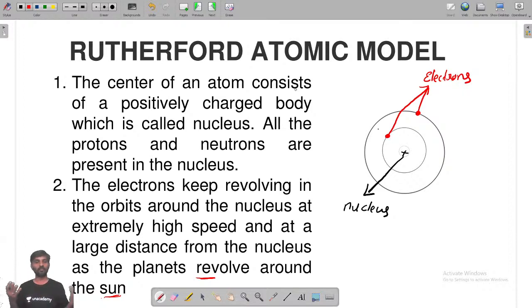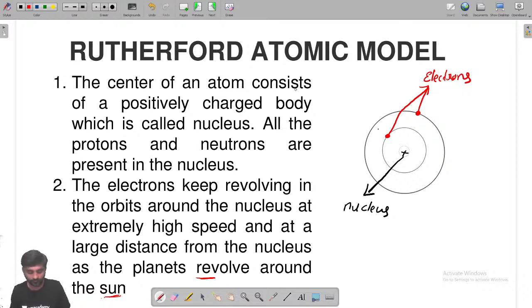As in the solar system, all our planets, all the 9 or 8 planets, are revolving around the sun. Just now I showed a video, same like that. Is it clear? I think it is clear for all of you. So this is what the Rutherford model is saying.